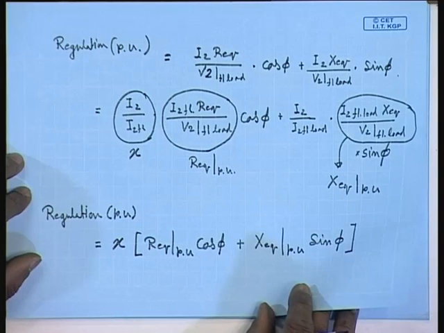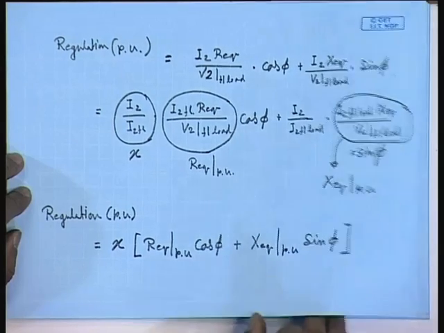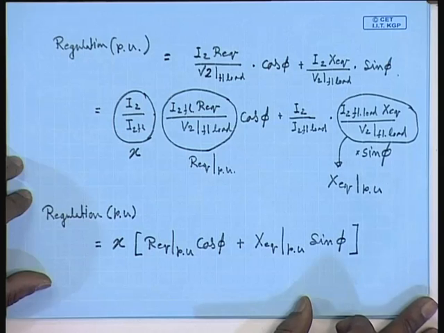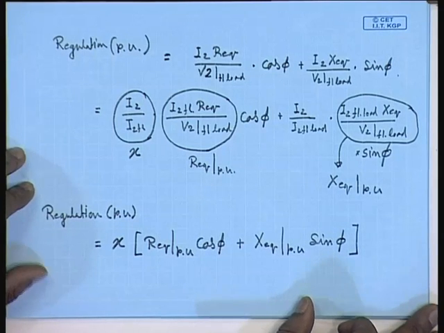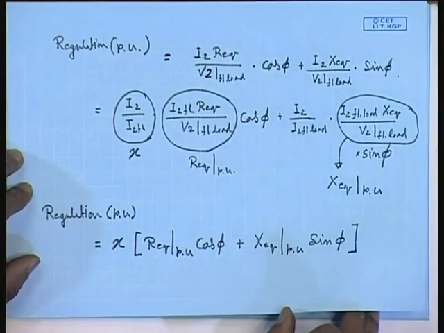So, this is a condition against which we must guard, because the equipment connected to the transformer will in that case see a voltage which is even larger than the no load voltage and may damage the equipment.